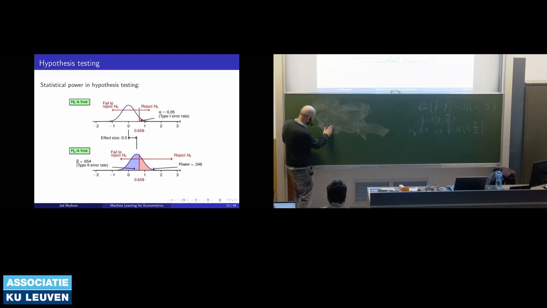So if my beta hat was here, and here this is my minus beta hat, then the probability to observe a beta hat which is larger than the one I have in my sample will be all of the probability of observing something here and the probability of observing something here.